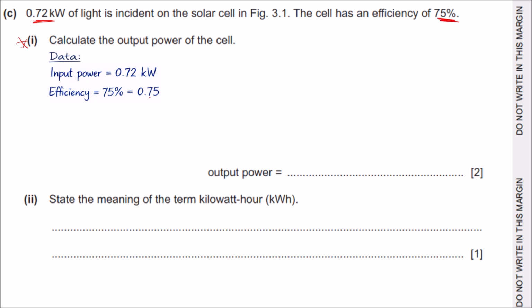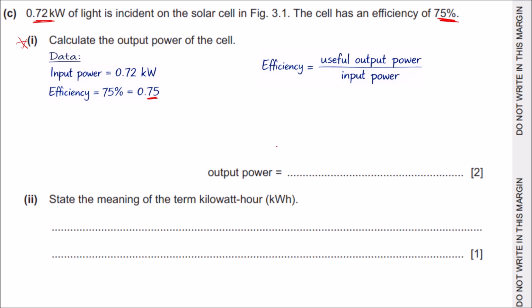I always prefer reducing my efficiency to decimal because it makes the equation easier to deal with. With this data, we can now record the equation for efficiency, which says efficiency is useful output power divided by input power. Our useful output power is the requirement of the question, hence we need to change the subject.